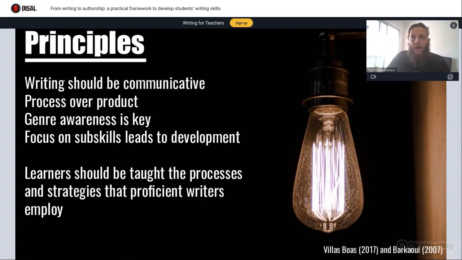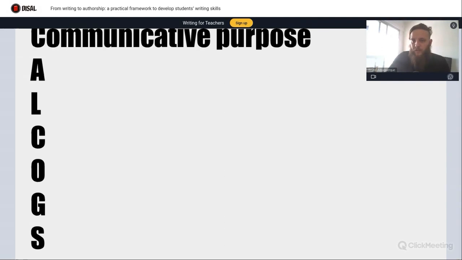For example, if I ask my students to write a paragraph about pandas, that's not very communicative. There is no communicative purpose, right? What is it that the students are communicating with this text? What is the genre of this? What does it look like? Who's the audience?